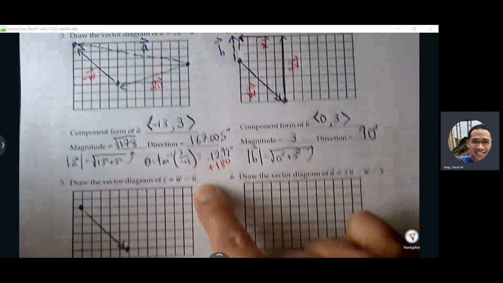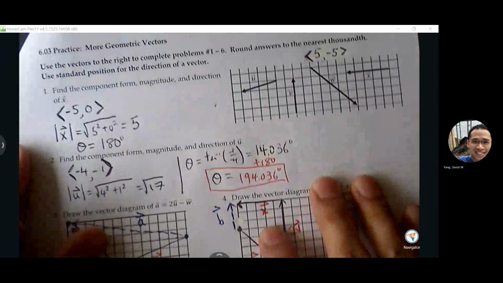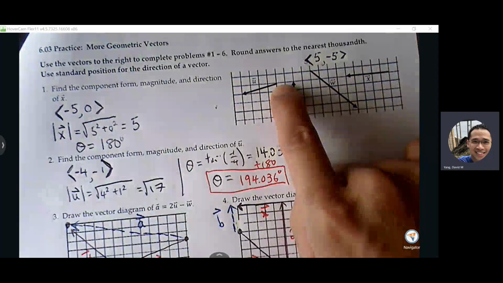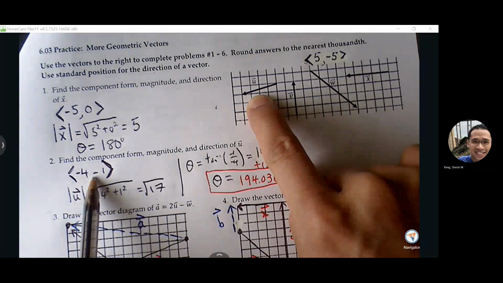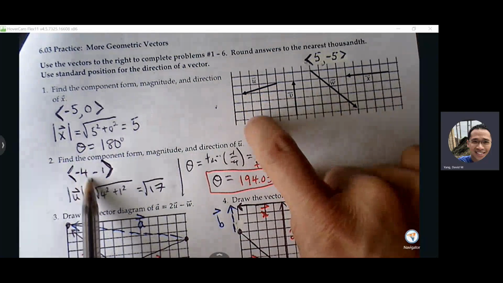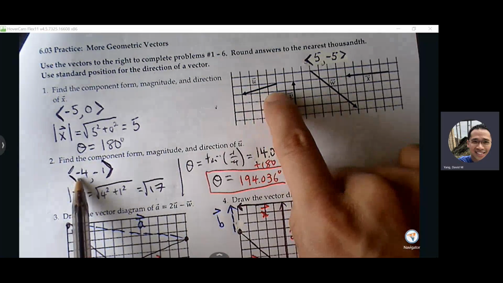Minus U. So U is originally going -4, -1, but negative U is going to change that sign, right? So then I'm going to go to the right 4 and up 1.